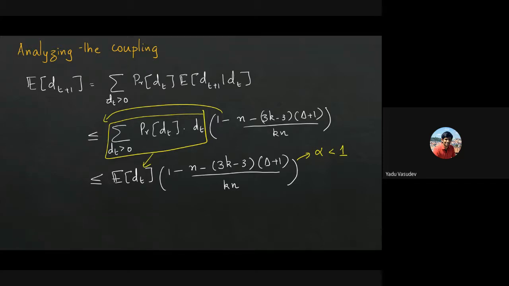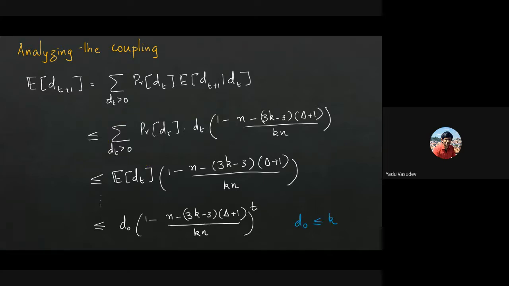And now if you inductively keep applying this again, this will be at most expectation of dt minus 1 times 1 minus this alpha square and so on. You keep doing this such that finally this is at most d0 times this alpha to the t. Notice that we are always working with independent sets of size k.